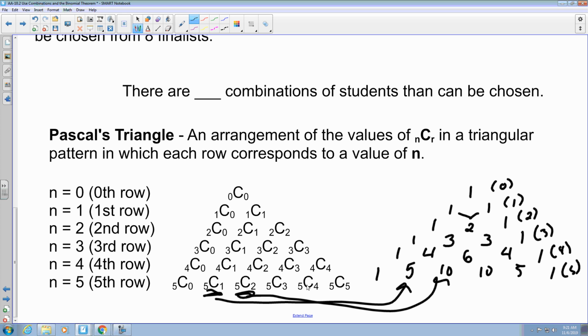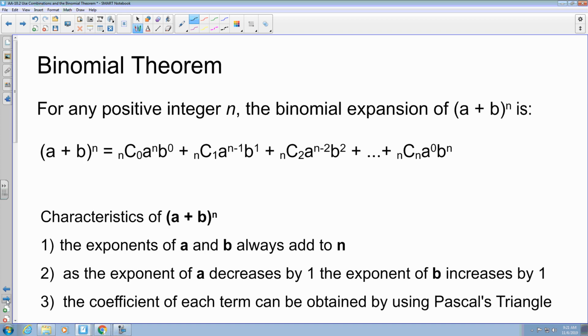How Pascal's triangle is useful is that we can utilize it for the binomial theorem. Instead of expanding any type of polynomial and multiplying out using FOIL or some kind of multiplication, we can utilize Pascal's triangle with those combinations and use this formula.